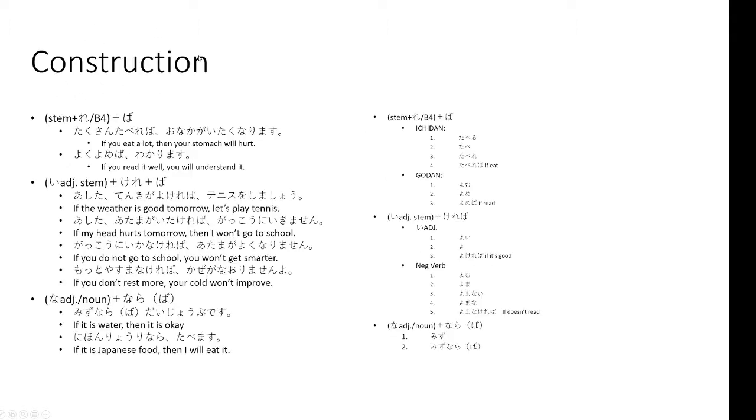Okay, so I was about to get ahead of myself just a little bit ago, talking about the construction, but now we're going to really get into it. We're going to talk about the following parts of speech. First, verbs, then e-adjectives, then not adjectives and nouns. So, verbs are divided into 3 categories, right? We have our ichidans, godans, and irregulars. Let's say you are using an ichidan first.